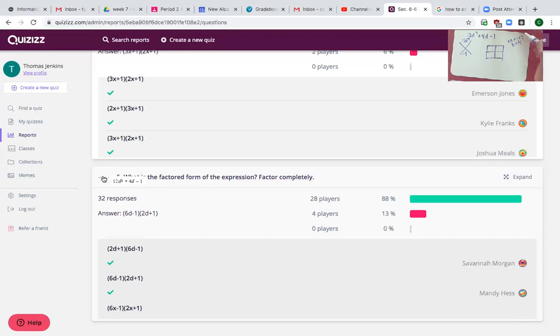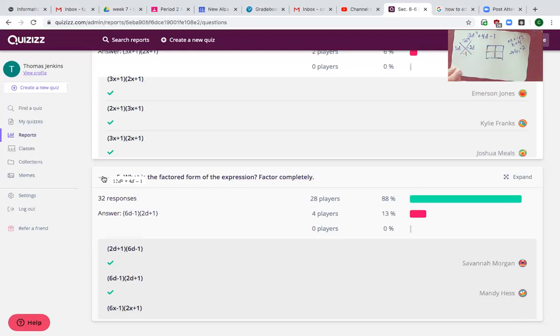So now what's going to multiply to give me negative 12 but add to give me positive 4? That's going to be positive 6 and negative 2. Okay, so those two go here. So order doesn't matter. We'll just put the 6d there and the minus 2d there.